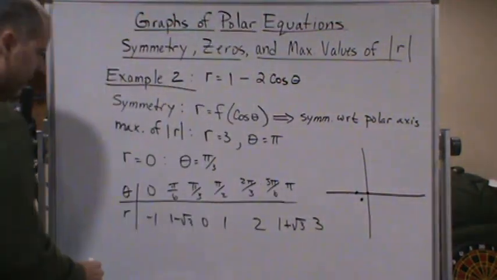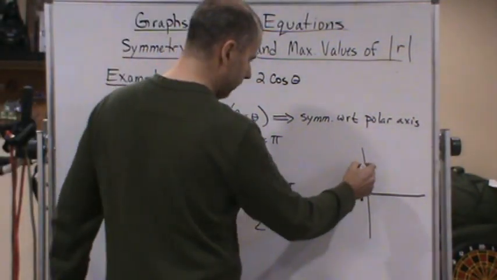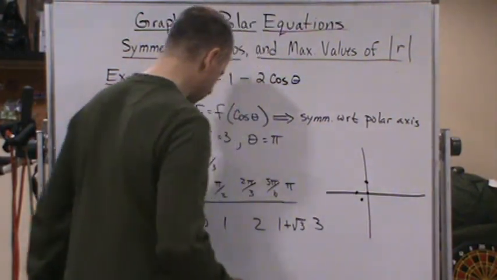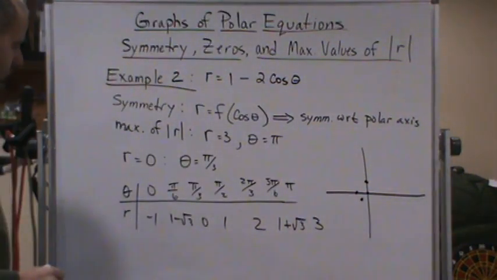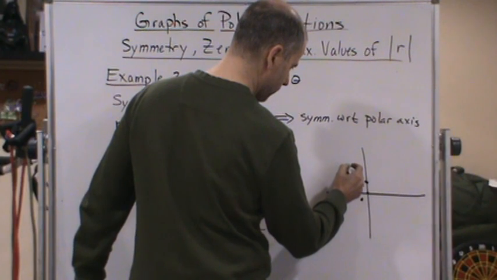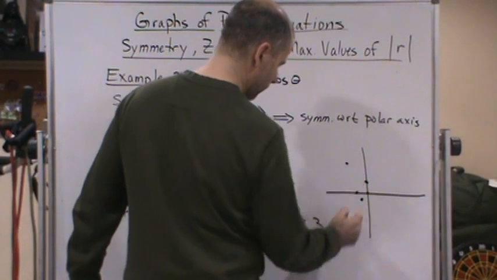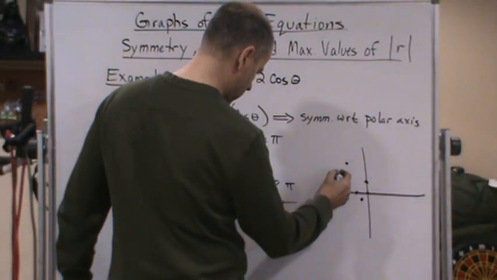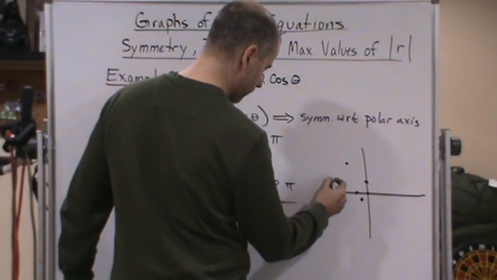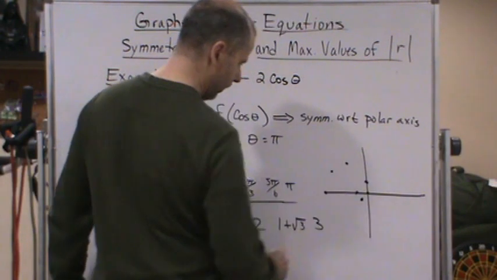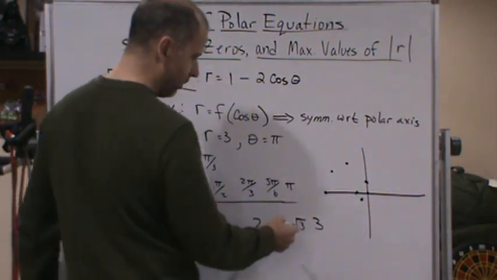And then at pi over 2, we're at 1. And then at 2 pi over 3, we're at 2. Right? And then let's say we go to here. And let's say we go down to here at 3. Okay, I'm just exaggerating.